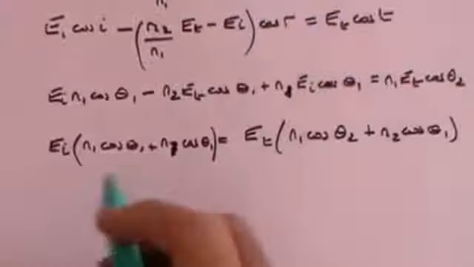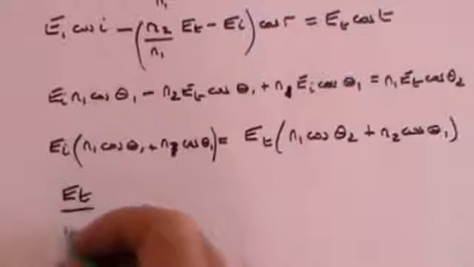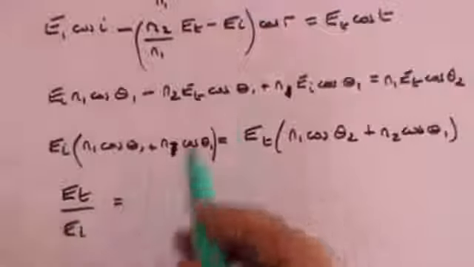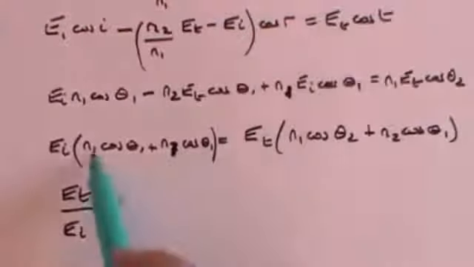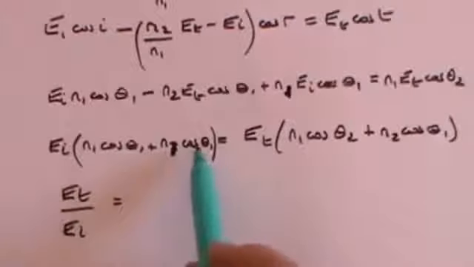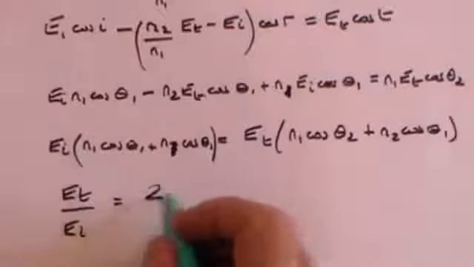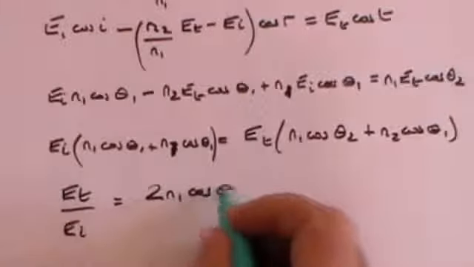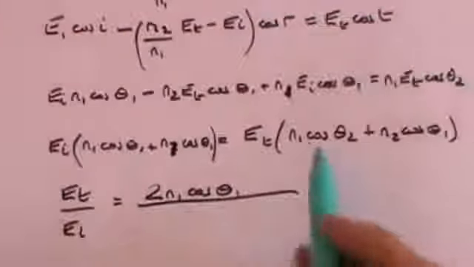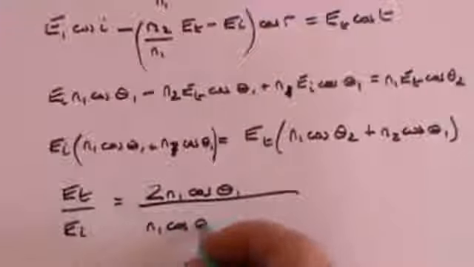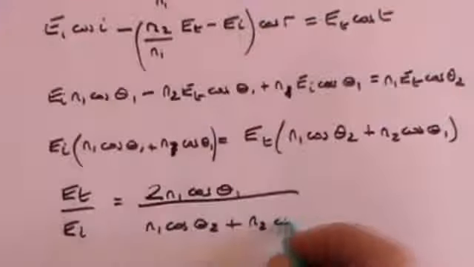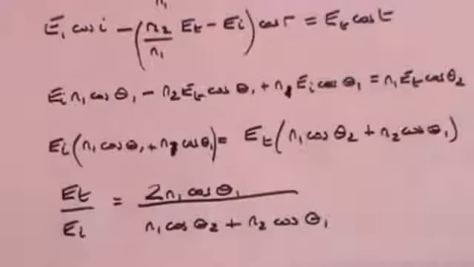And now we can do the et divided by ei, and that's going to be this term divided by that term. So this term is n1 cos theta 1 plus n1 cos theta 1, so that's simply 2 n1 cos theta 1 divided by this term, which is n1 cos theta 2 plus n2 cos theta 1.